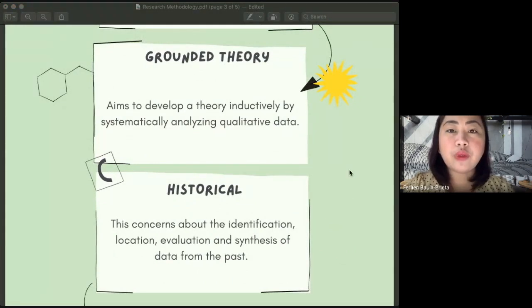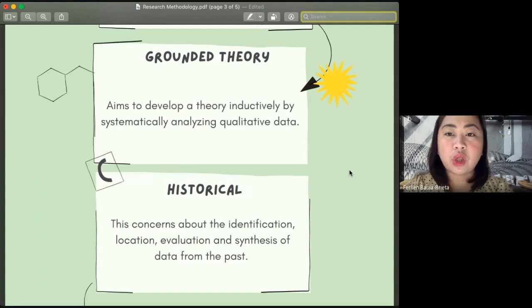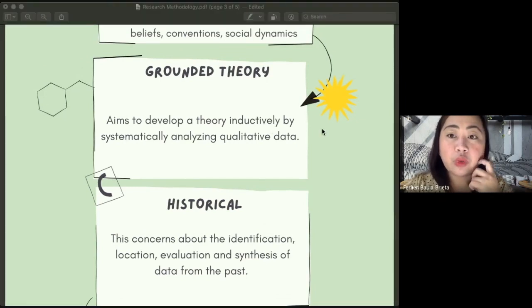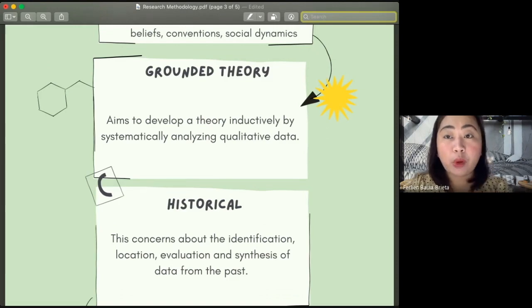The next one is our grounded theory. The grounded theory here aims to develop a theory inductively by systematically analyzing qualitative data. We all know that a theory is already a tested hypothesis.